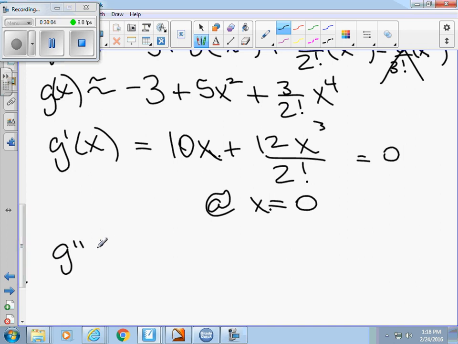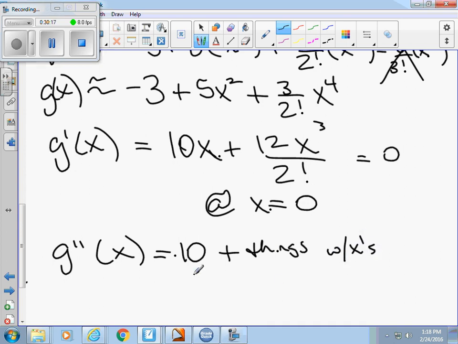What would you do if you did a second derivative test? The second derivative at x would be 10 plus things with x's. Everything else would have an x with it, wouldn't it? So if I plug in 0 for x, g''(0) is 10, which is greater than 0.